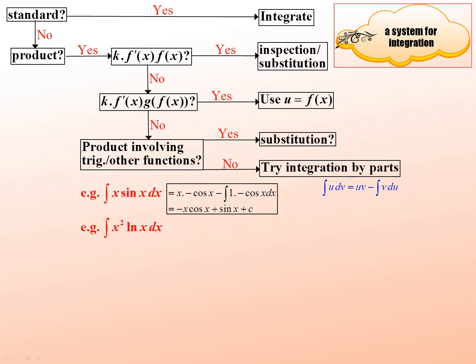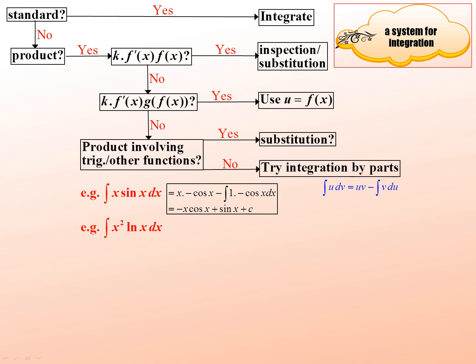So therefore, if I want uv, I have to integrate it. I get minus cos x minus integral of v du, well, there's du is derivative of x, and v once again minus cos x. So it becomes plus integral of cos x, and integral of cos x is sin x. So there we are.